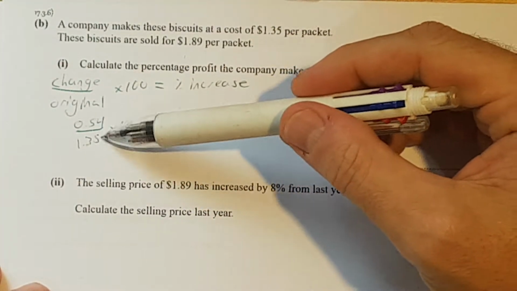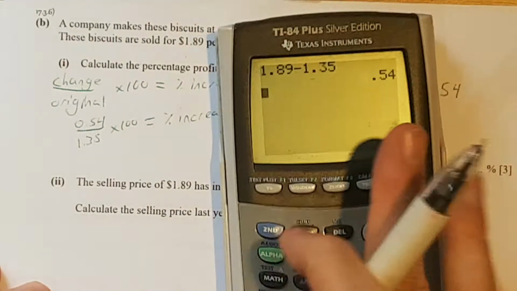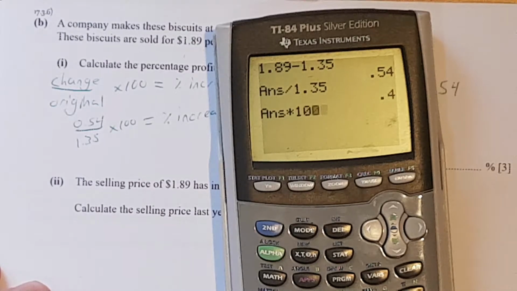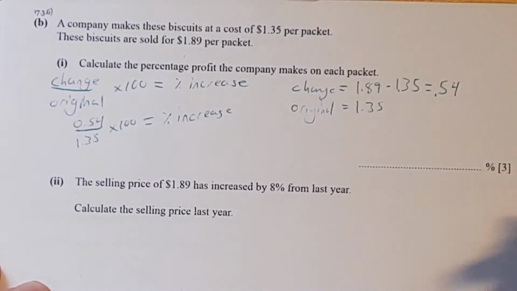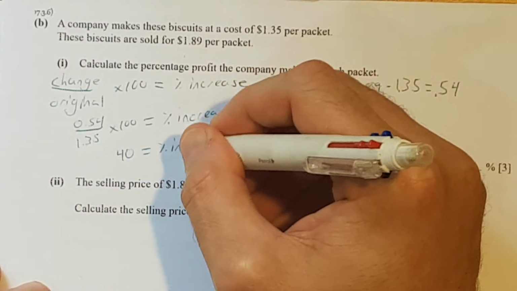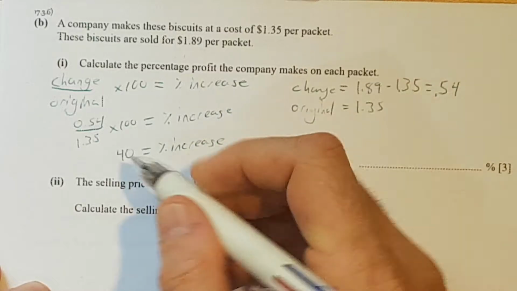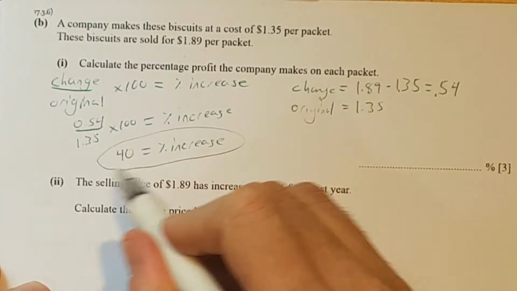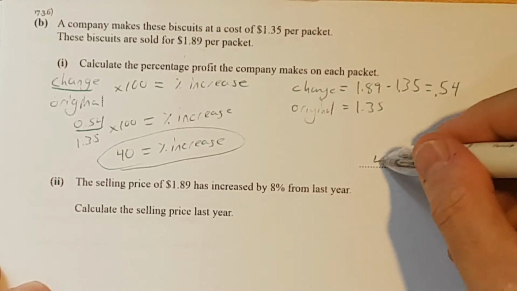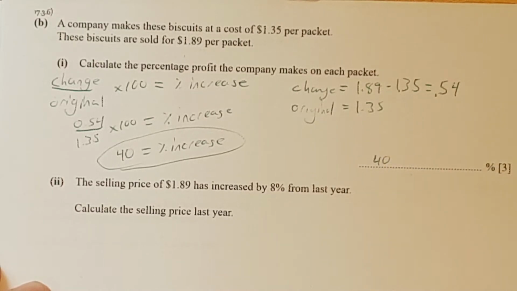And so 0.54 divided by 1.35 times 100, it's 40. Okay, there's your answer. And so the 40 is as a percentage already, it's not as a decimal. So the answer is 40%. Okay, next one.